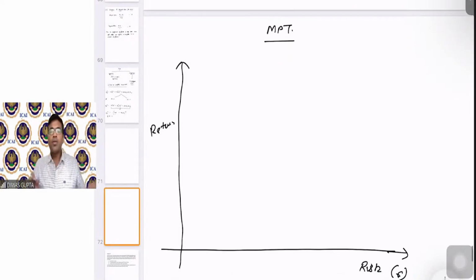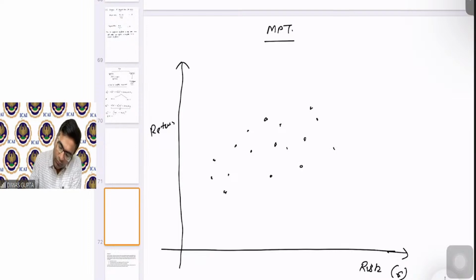Okay, students. So they have different returns and different risks. Now, if I plot all these on the risk and return x and y axes, then something will fall here, something will fall here like that. Let's say n number of plottings has happened.